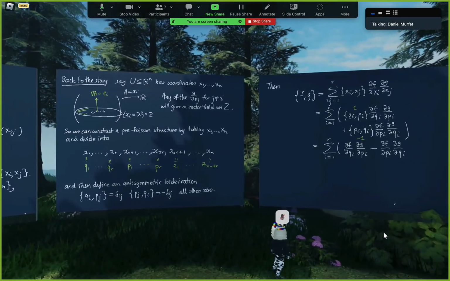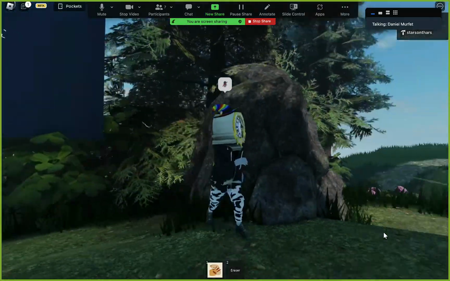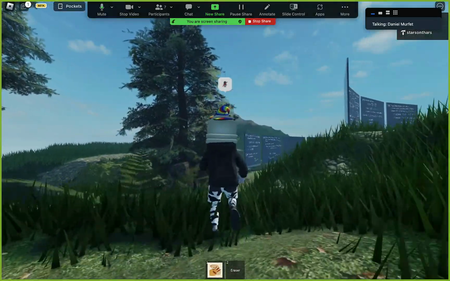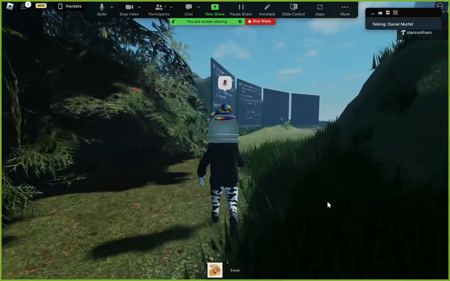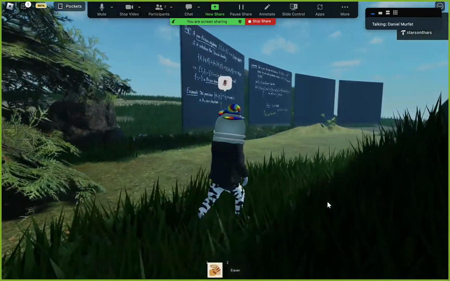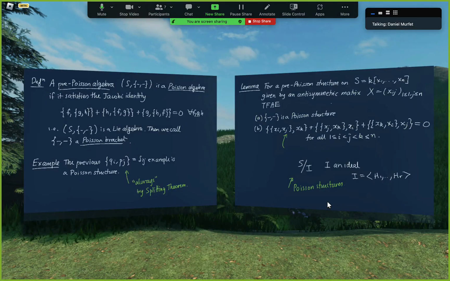And then in that case you get this standard formula. And now we're nearly to the end of last time. Right, as I said before, we get a Poisson structure by having the Jacobi identity. And that was where we finished last time.